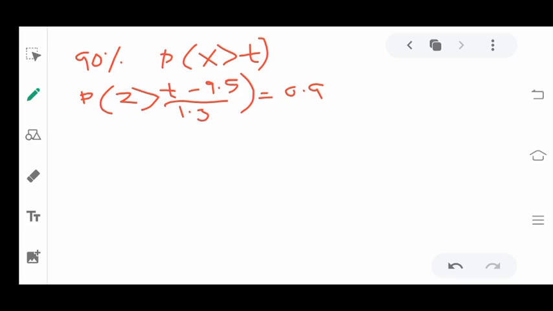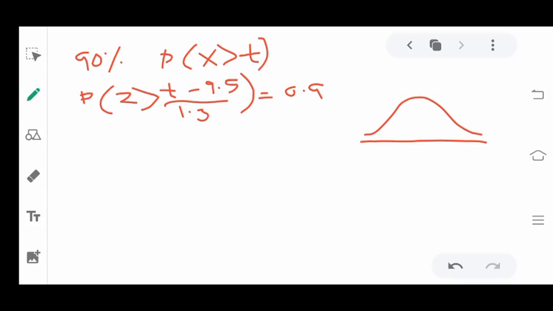Now let's consider the position of t minus 9.5 by 1.3 in our graph. In the bell-shaped curve, P of z greater than t minus 9.5 by 1.3 is 0.9.